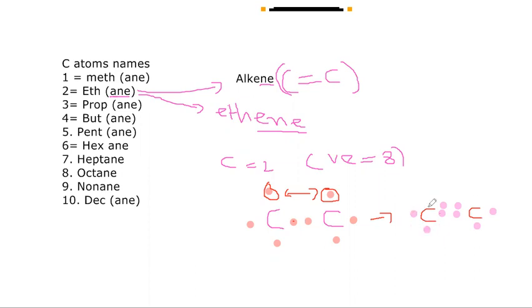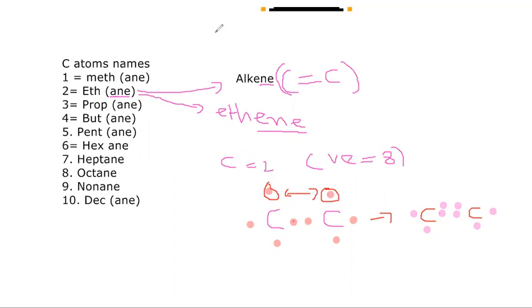Now there are 4 unpaired electrons, so the maximum possibility is for this carbon atom to form 2 single bonds with hydrogen, and this carbon atom also 2. So a maximum of 4 hydrogen bonds can be formed with this ethene molecule.